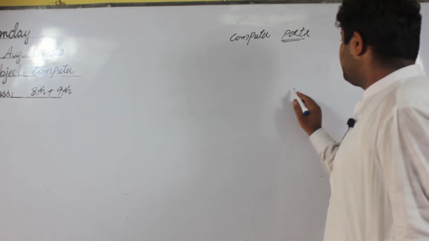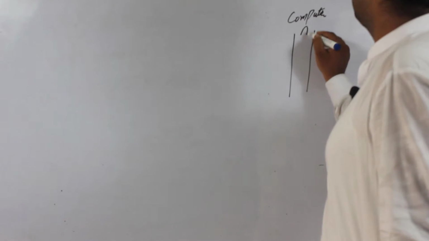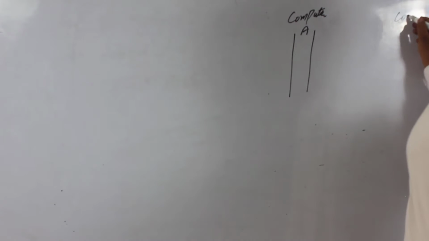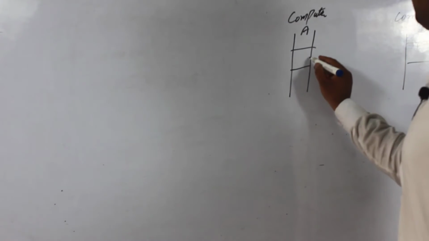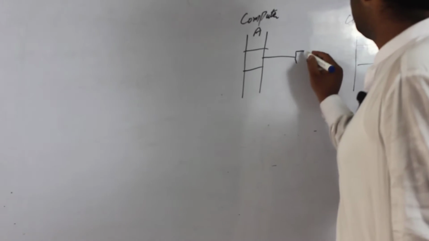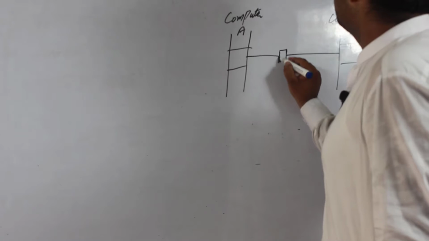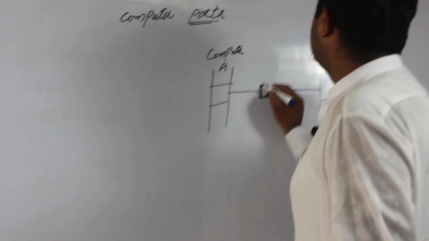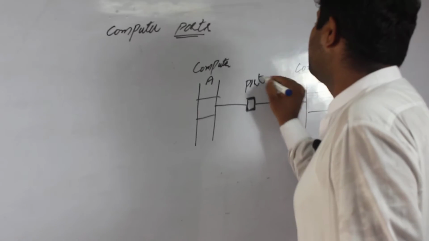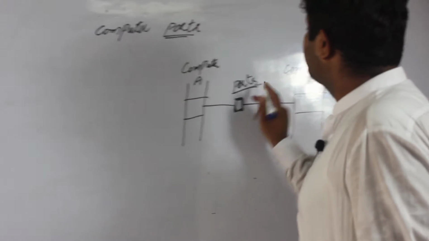For example, this is computer A and computer B. We connect those two computers, and the connection between the two computers uses a lead and socket. This socket is called the port.